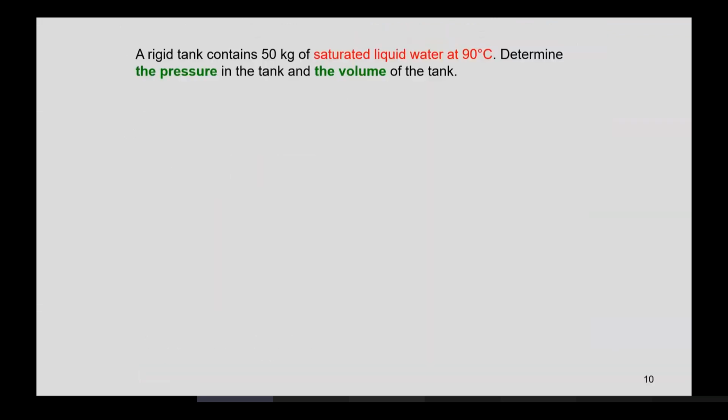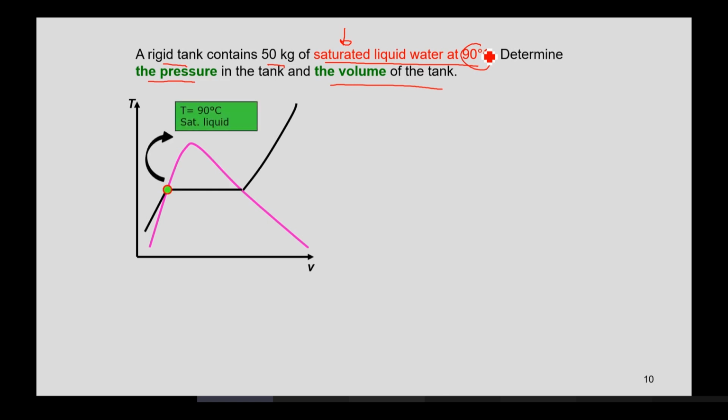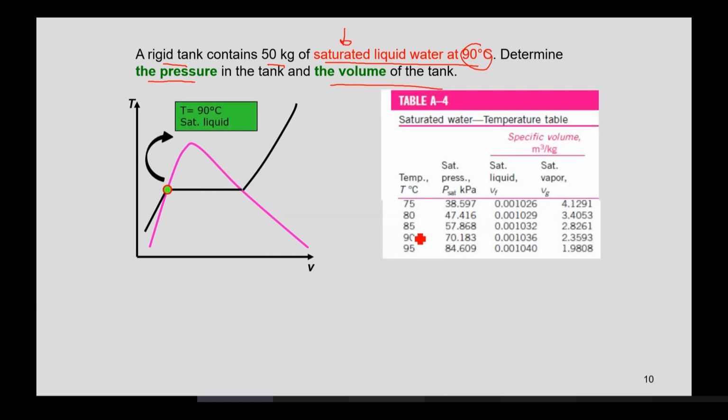Now, let us have a look at a few of the examples to help us better understand the use of the tables. It says a rigid tank contains 50 kg of saturated liquid water at 90 degrees centigrade. You have to determine the pressure in the tank and the volume of the tank. First thing, saturated liquid, 90 degrees centigrade. So if you want to determine the pressure, it would be the saturation pressure corresponding to 90 degrees centigrade.